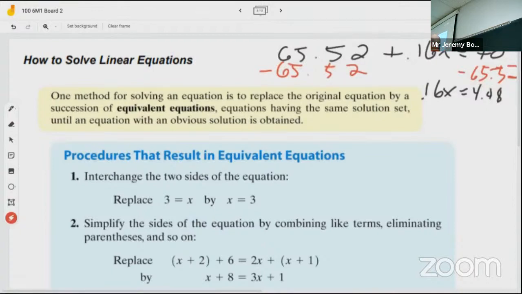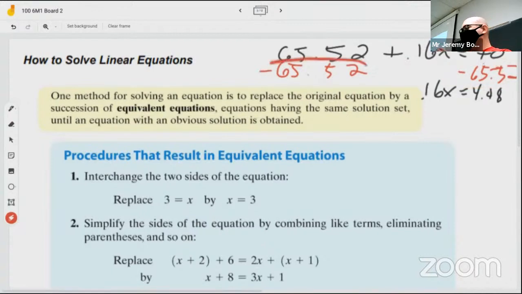Okay? The way to know that we are ending up with an equivalent equation is that we have to preserve the relationship between the sides of the equation. This is the left-hand side, this is the right-hand side. We want to preserve the fact that they're equal. And how do I do that? Anybody know? By doing the same operation to both sides.